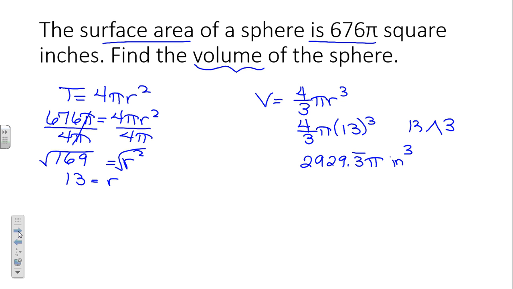If you take 13 to the third power, that's the same as taking 13 times 13 times 13. We're all good? You okay, Laura? All right.